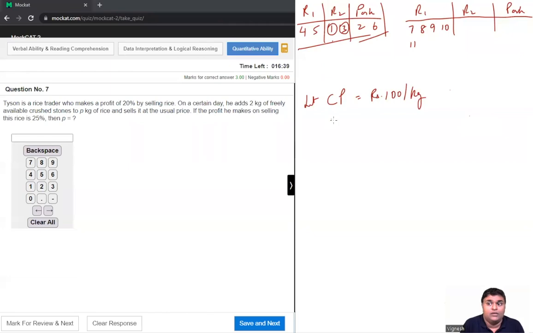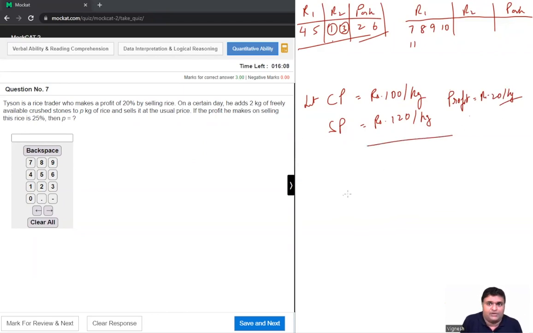The usual SP is 120 per kg, since the profit is 20%. Finally, he is making a profit of 25%. The profit here is 20 per kg usually. Percentage terms they're asking us.